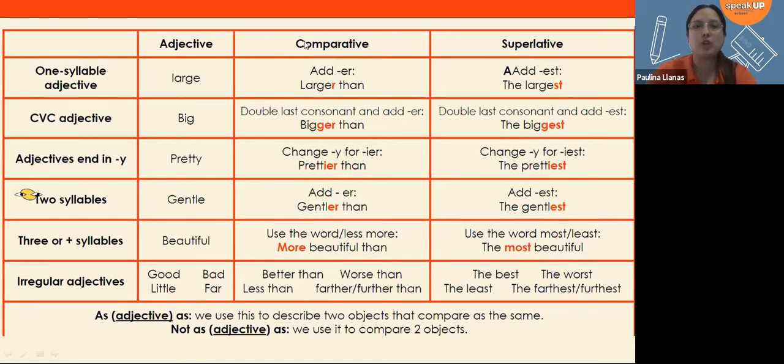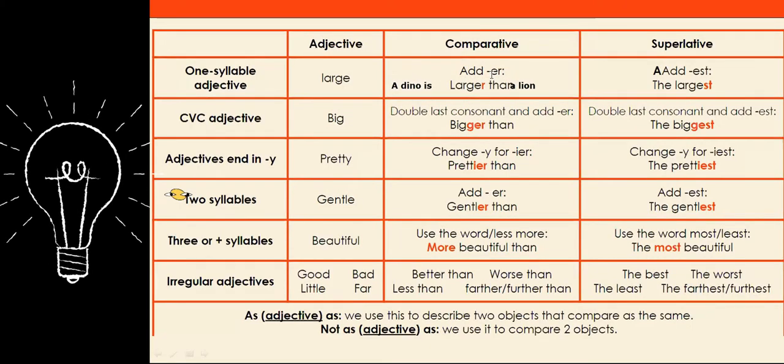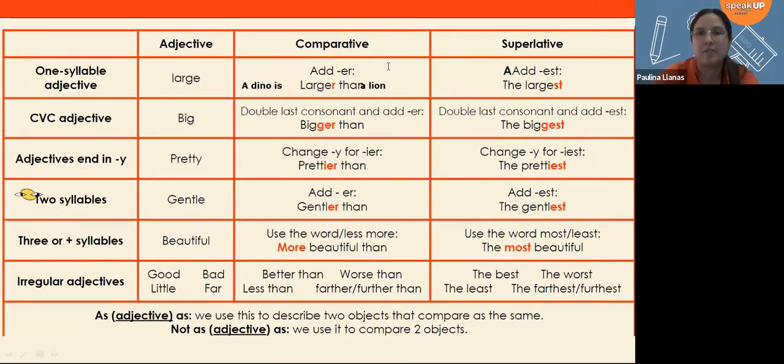And here we use two objects to compare. For example, a dino is larger than a lion, or a dino is larger than an elephant. We use noun, adjective, noun.